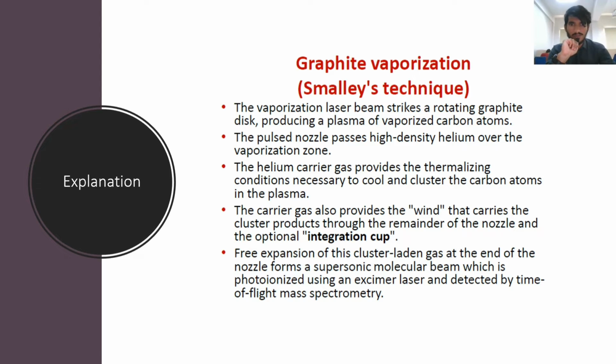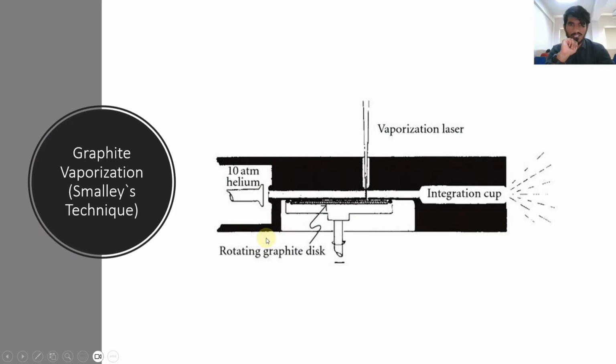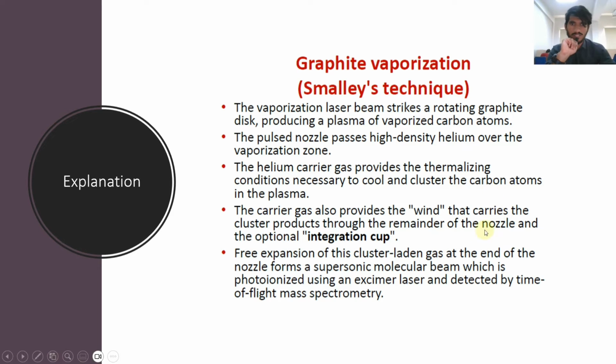The carrier gas also provides the wind that carries the cluster product through the remainder of the nozzle and the optional integration cup. Furthermore, free expansion of this cluster-laden gas at the end of the nozzle forms a supersonic molecular beam, which is photoionized using an excimer laser and detected by time-of-flight mass spectrometry.